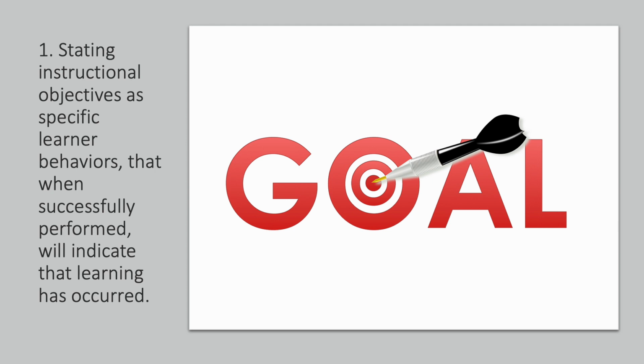So they wouldn't say the students know how to swim. They would say the students swim 50 meters backstroke. They would give a specific behavioral objective. So one of the things teachers should do from a behaviorist perspective is to make sure the lesson is focused on observable behavior.